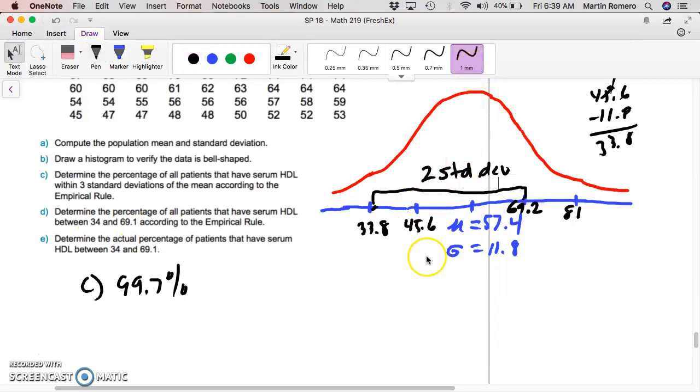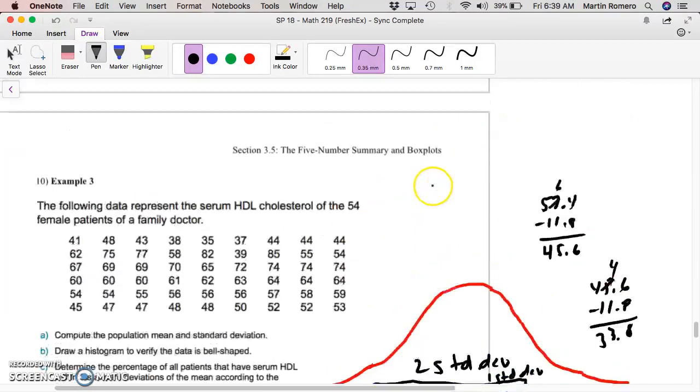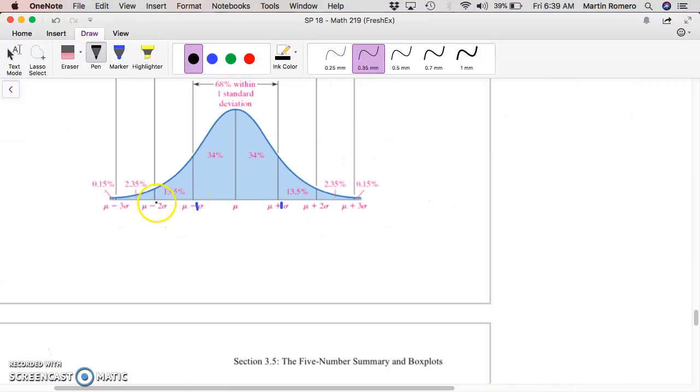Let me erase that. From here to here is 2 standard deviations, and then from here to here is 1 standard deviation. So you have these 2, and we go back to the empirical rule.